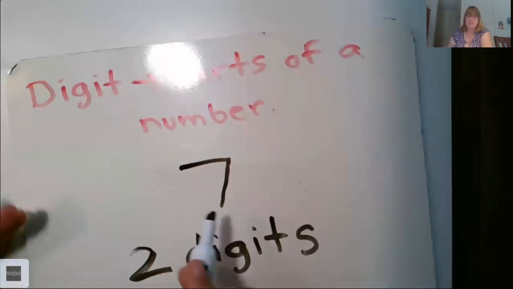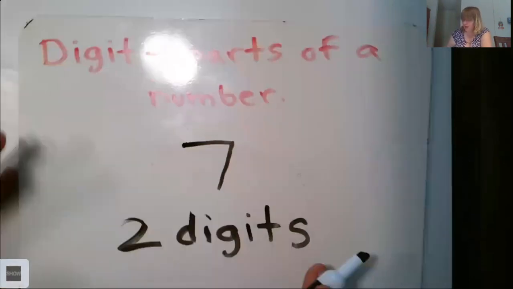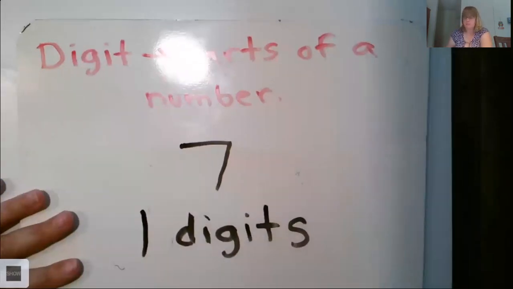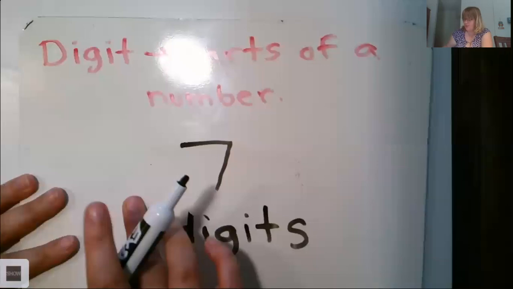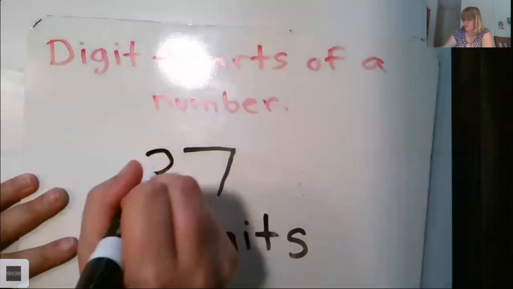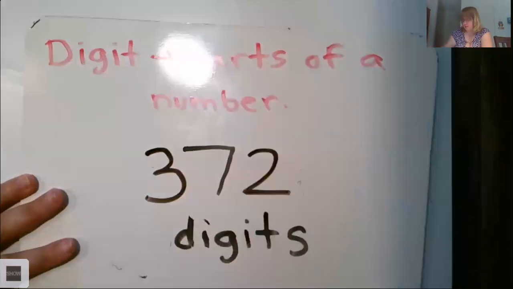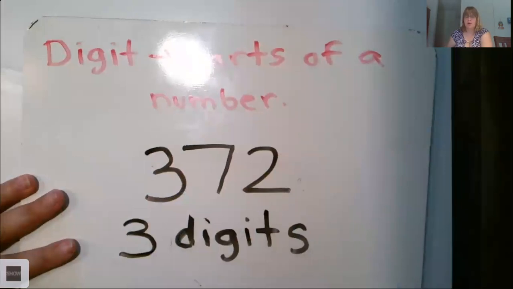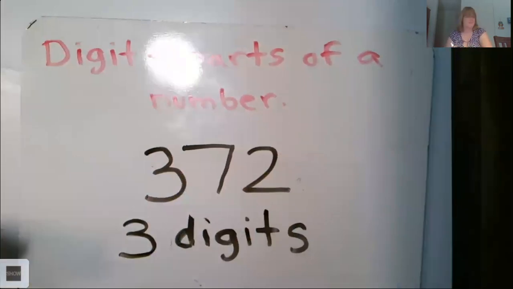All it has is the lonely little 7. So it is a 1-digit number. We can even go super big and make 3-digit numbers. But we're not going to worry too much about that today.